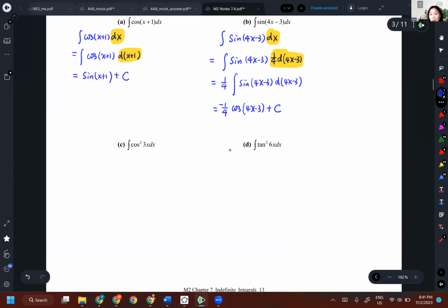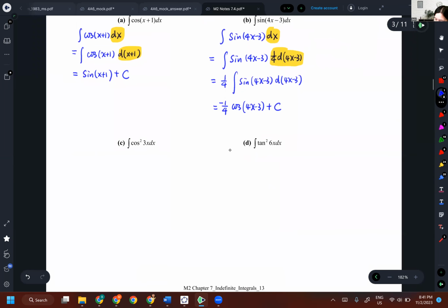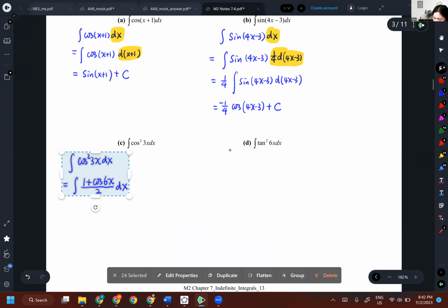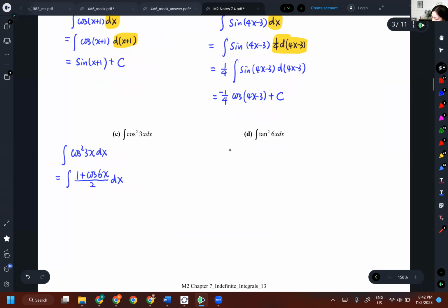Next one. It's a similar one with a square. This one, it's cosine square. First, I need to take out, let's not take out, 1 plus cosine, increase the angle, but reduce the power. So maybe I write it here. Okay.